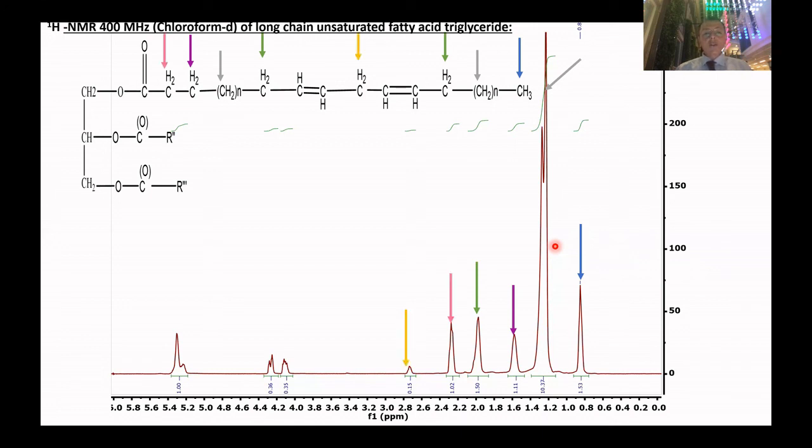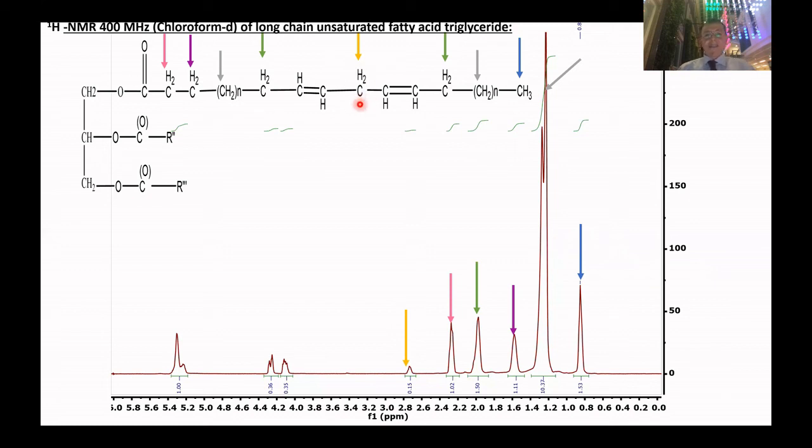It means that you have a glyceride bond. This CH2, which is attached to the oxygen and then the carbonyl, is more affected due to the direct attachment of the oxygen atom. So let us see: this is the terminal methyl group, then the next is CH2, then the CH2 attached to the alpha methylene proton, the CH2 attached to the double bond, the CH2 attached to the carbonyl group, then the CH2 in between the two double bonds.